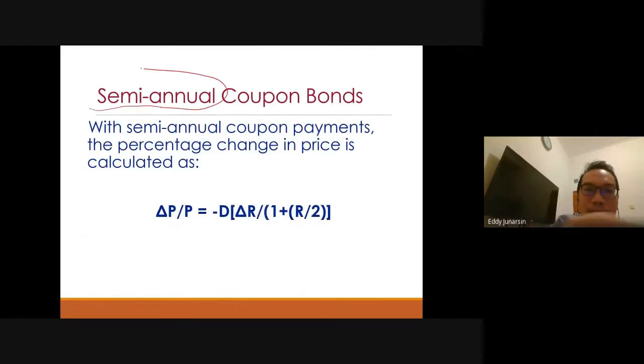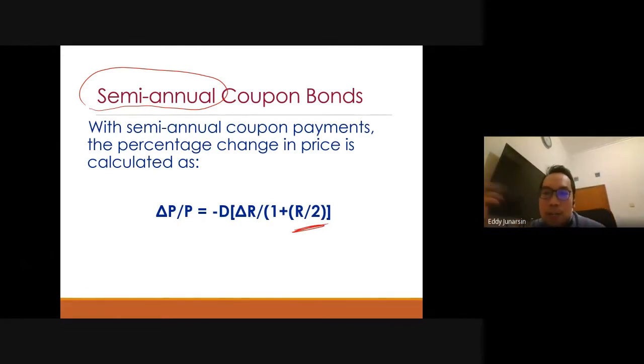If it is semi-annual, like what we did with duration, be careful with the denominator, right? The market rate should be in a periodic rate, right? So in the previous example just now, we saw an annual rate because that was an annual analysis, right? Easy. But if we are talking about semi-annual or quarterly data or something like that, then we have to be more careful, because the denominator has to use the periodic market rate, not always annual.